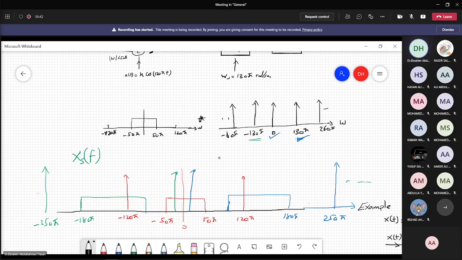So when you sample it, you will get something very small here. You will have it, but with a very small height. Similarly for all these, and here as well.